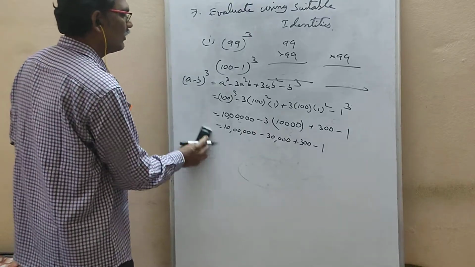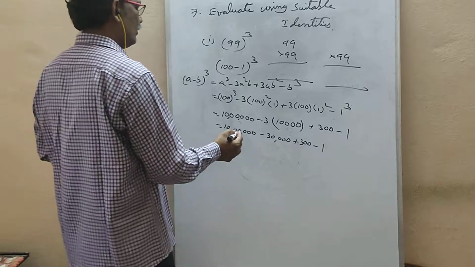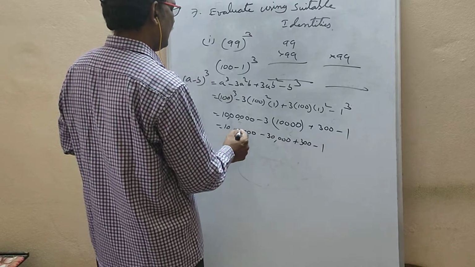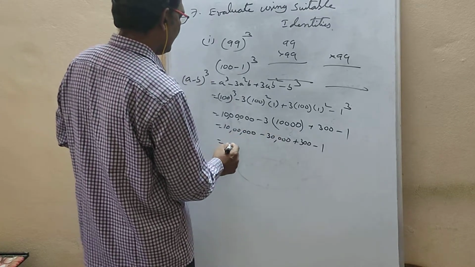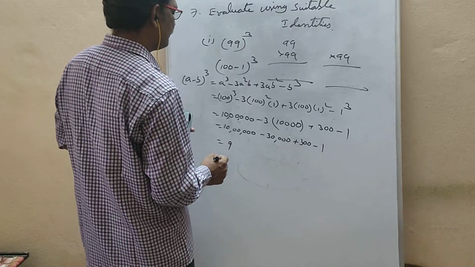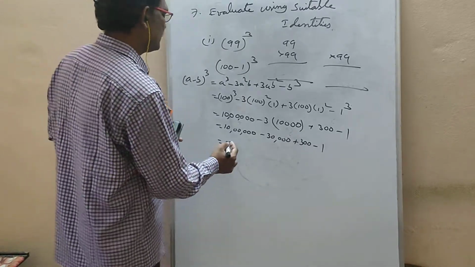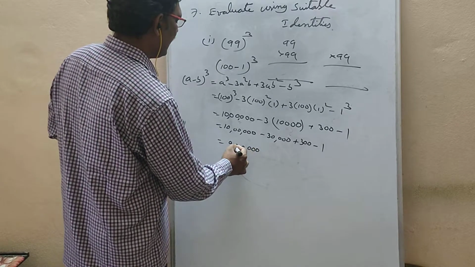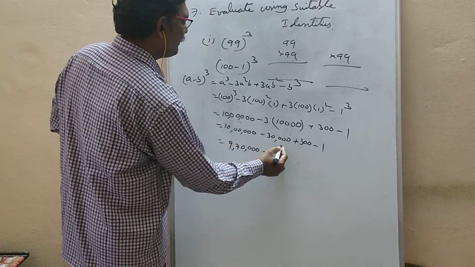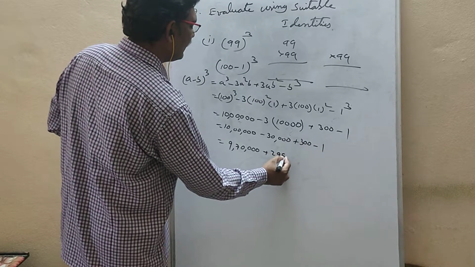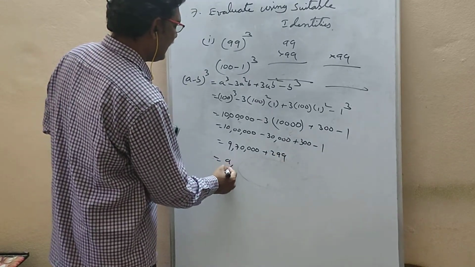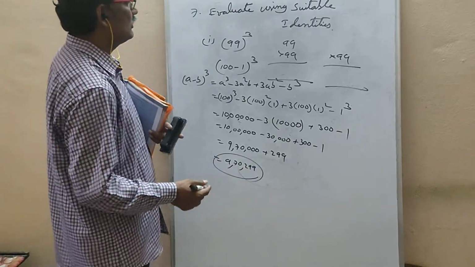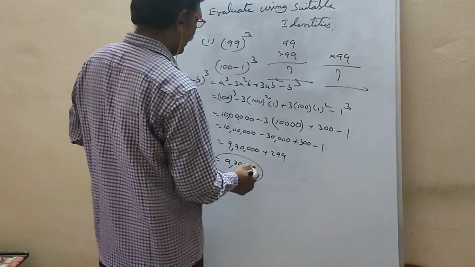Now what you have to do is, 10 lakhs minus 30,000, so you are getting 9 lakhs 70,000. 300 minus 1 is 299. So here 9 lakhs 70,299. So I did not do the multiplication like this, but I got the value here.